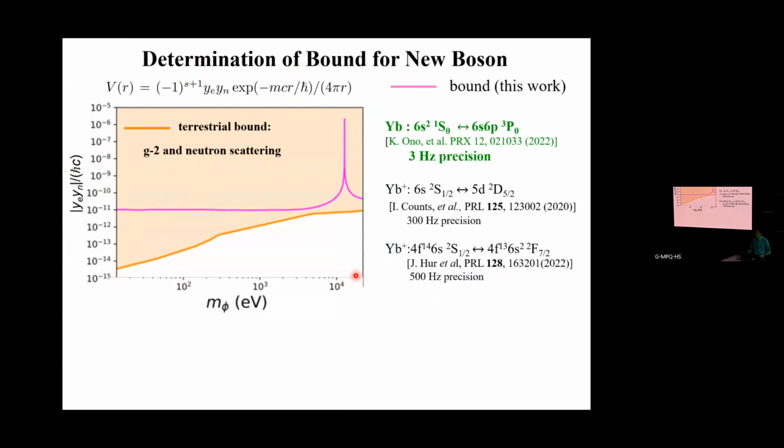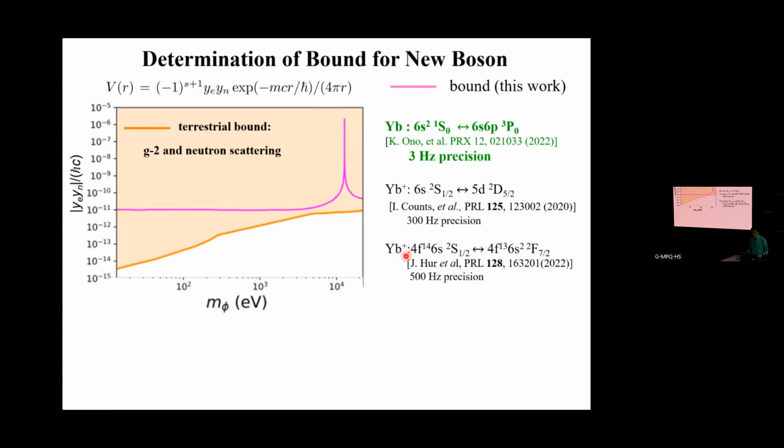In this determination of the upper bound, we use the more recent results reported by the MIT group corresponding to the WS to WF 7 state of the ytterbium ion.